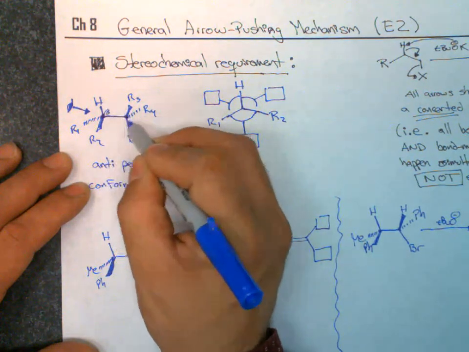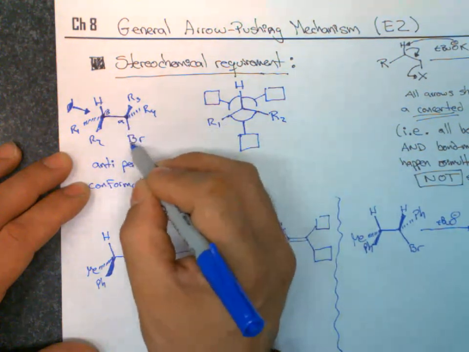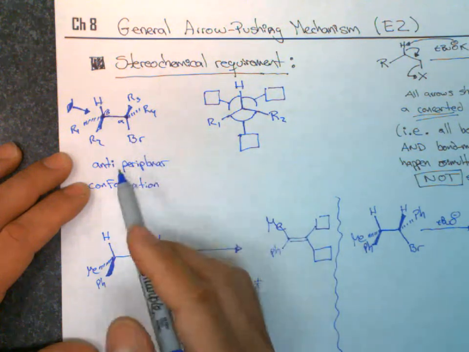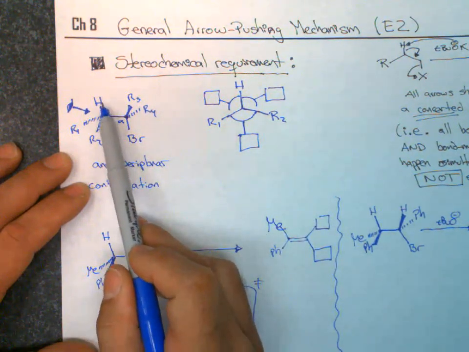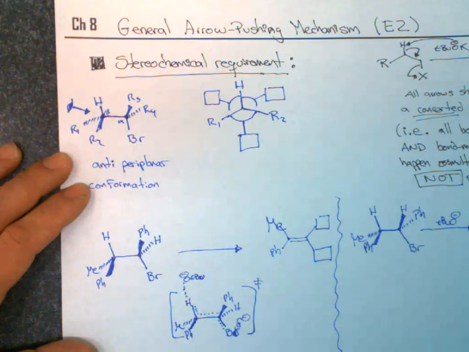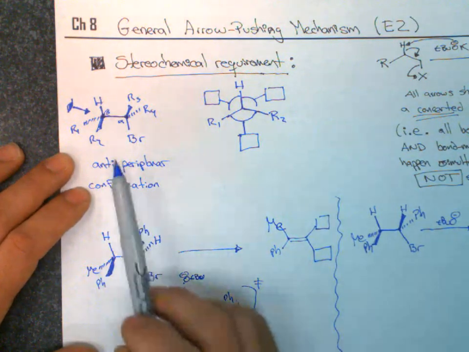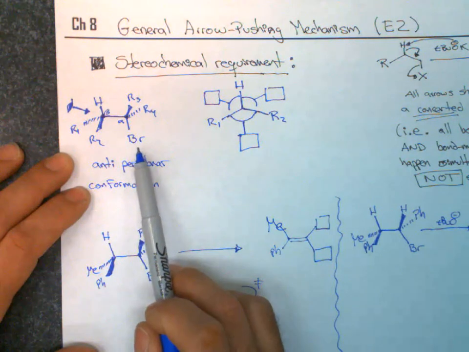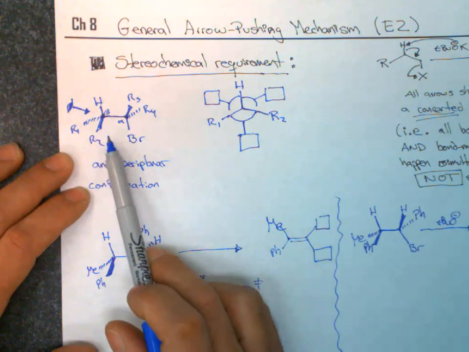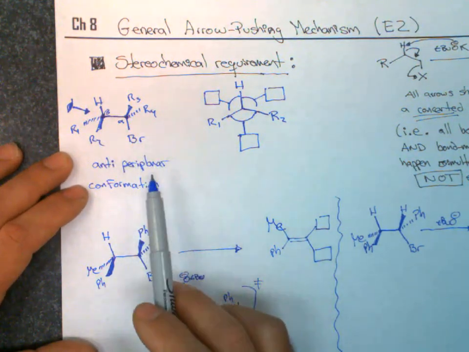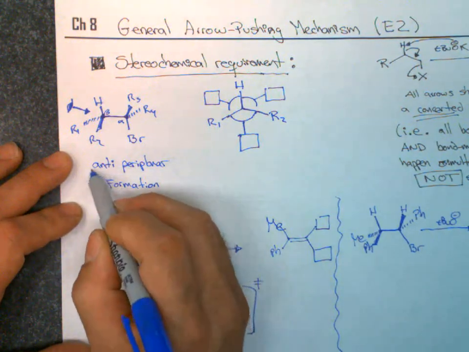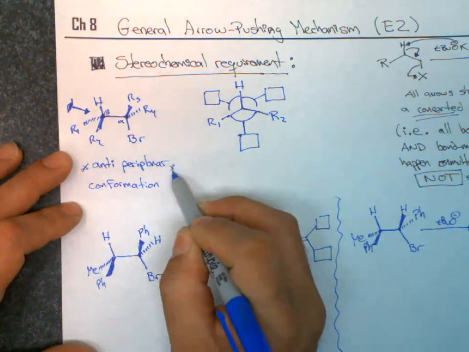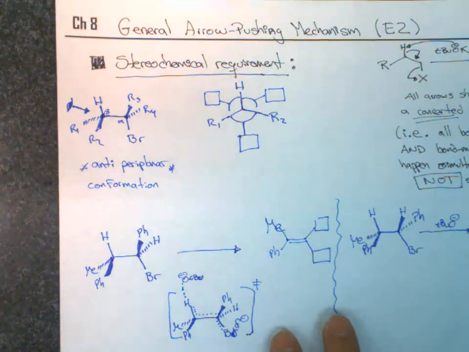This is the beta carbon, this is the alpha carbon, and also in the same plane as the bromine atom. All four atoms, 1, 2, 3, 4, are in the same plane. And on top of that, the bromine atom is on the opposite side of the hydrogen atom. This conformation right here is called the anti-periplanar conformation. And I want you to remember this and know how to draw this anti-periplanar conformation.